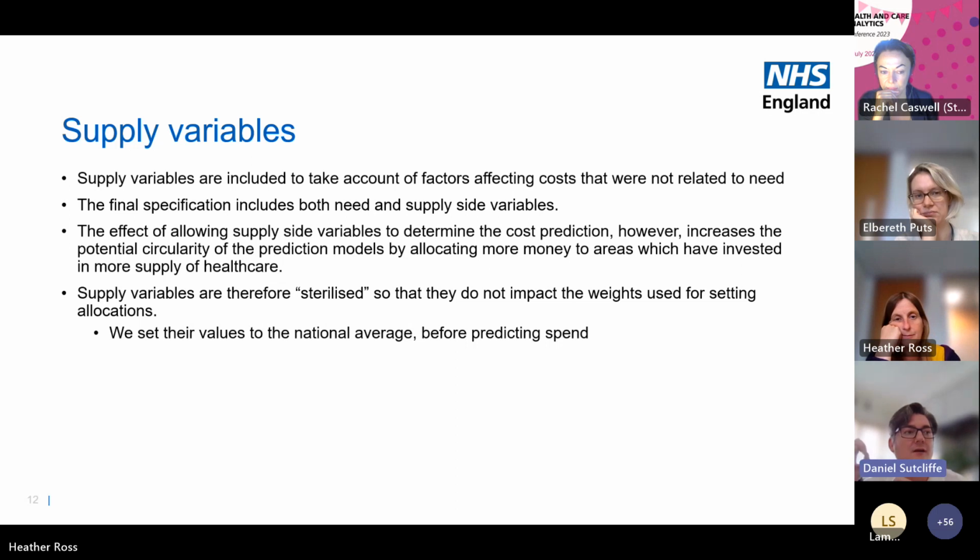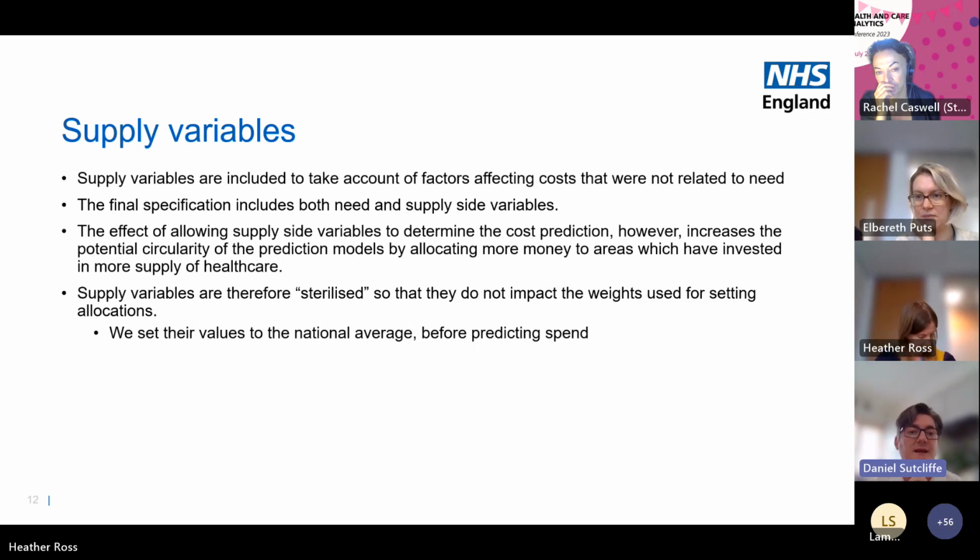However, we're aware of the impact of letting supply variables determine the cost prediction. Because if you were to just allow supply variables, because they're significant in the cost prediction, to remain in the model, it produces a circularity whereby you're allocating more money to areas that have already invested in more supply of healthcare.